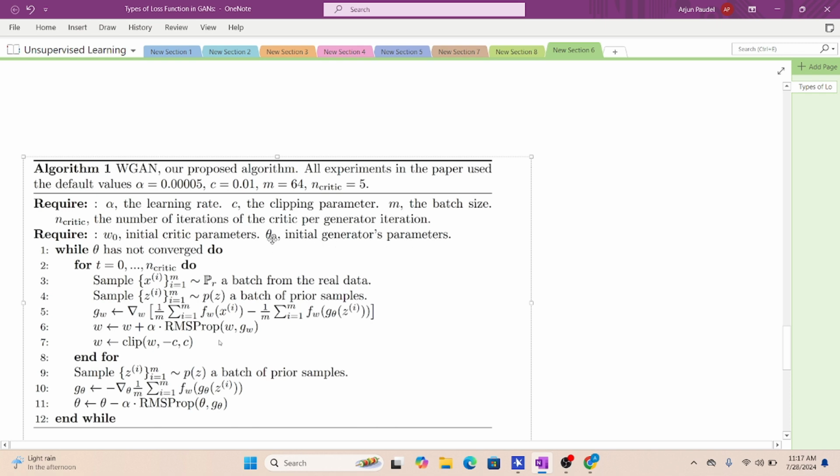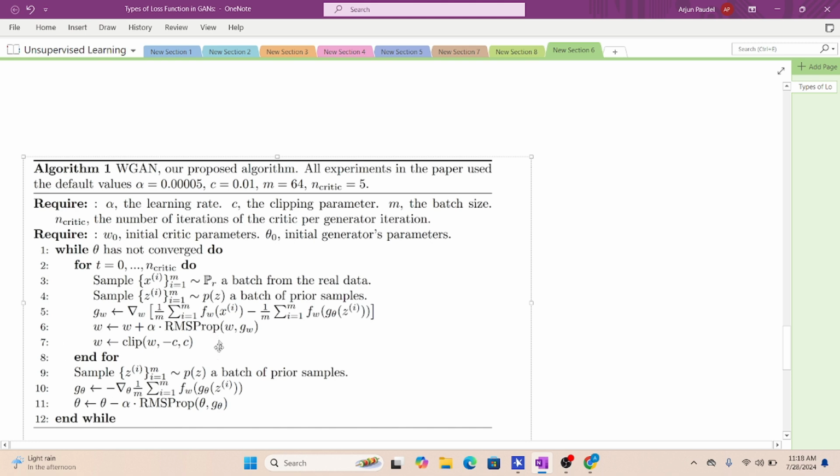These are the weights and biases of the networks, the critic or discriminator and the generator. We apply this outer loop, from here to here.